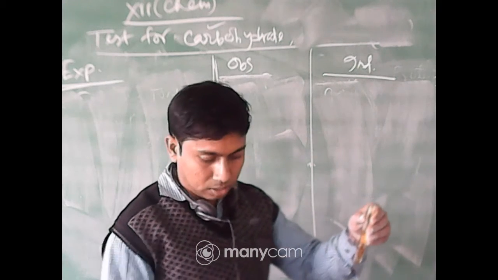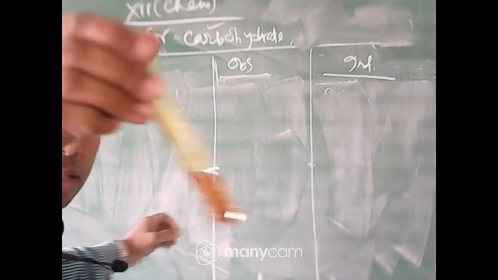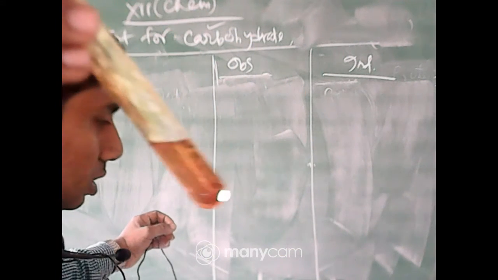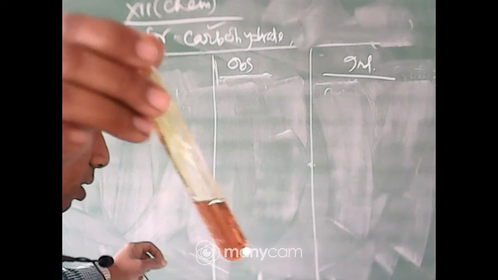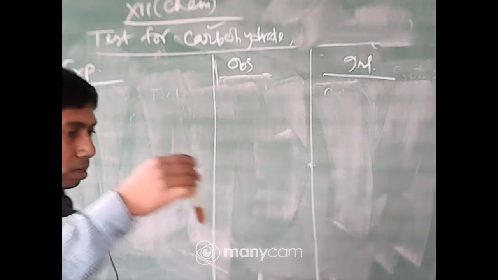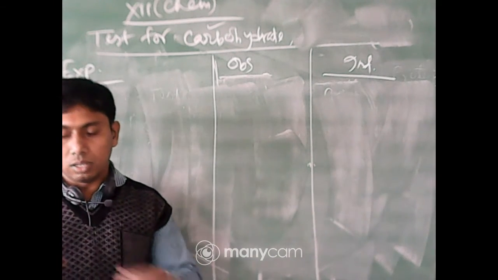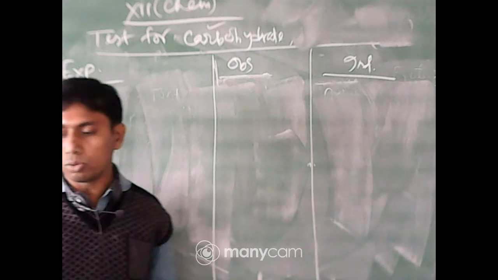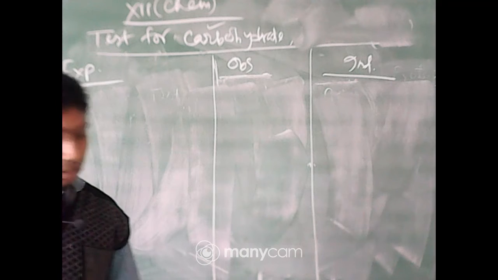Just check it, just compare it. This is not a blue color, this is just a red coloration which comes from the iodine. So here is the confirmation and comparison between the one having glucose or fructose, and the starch.